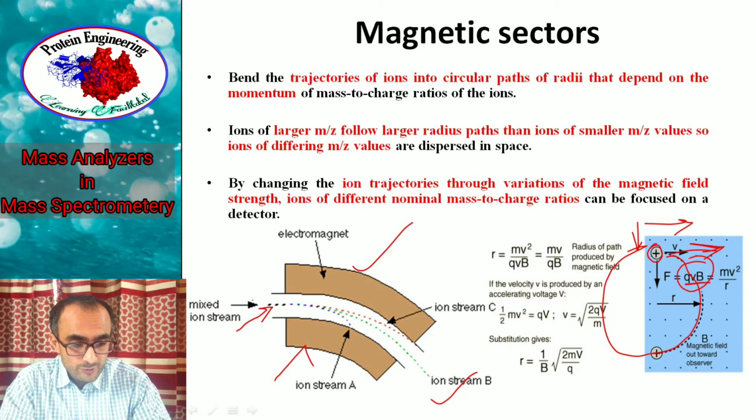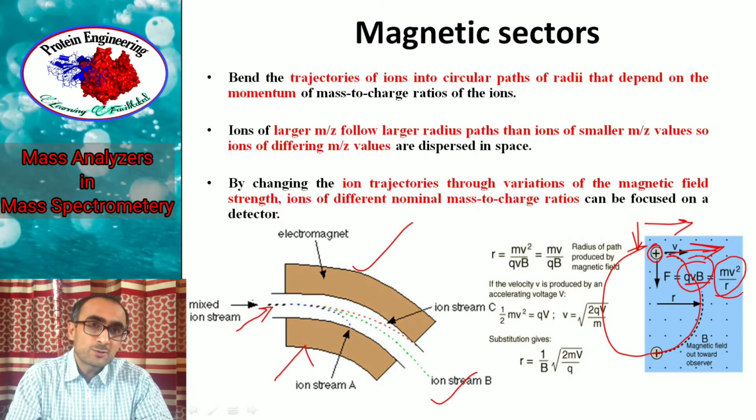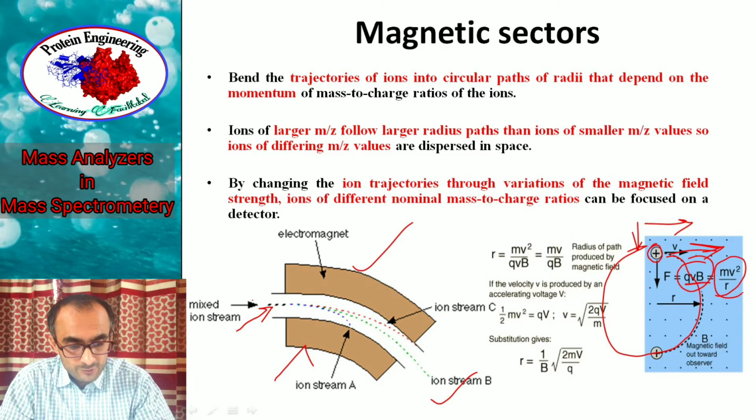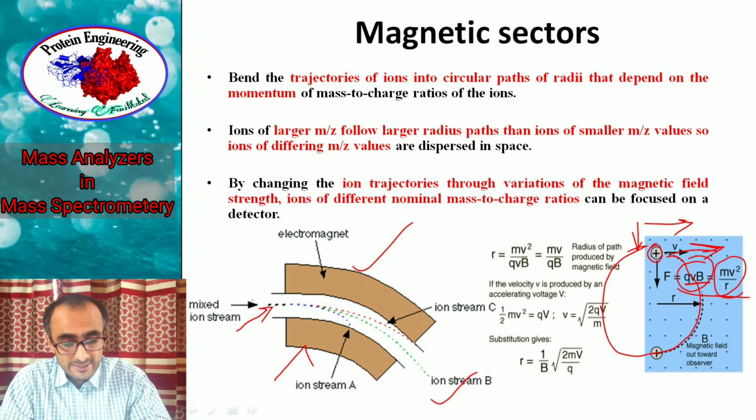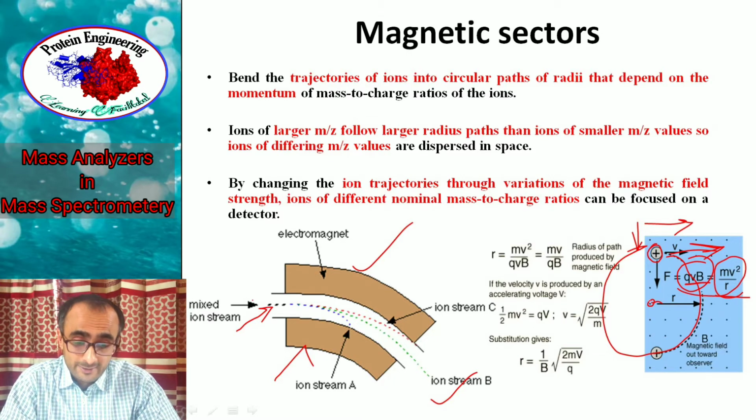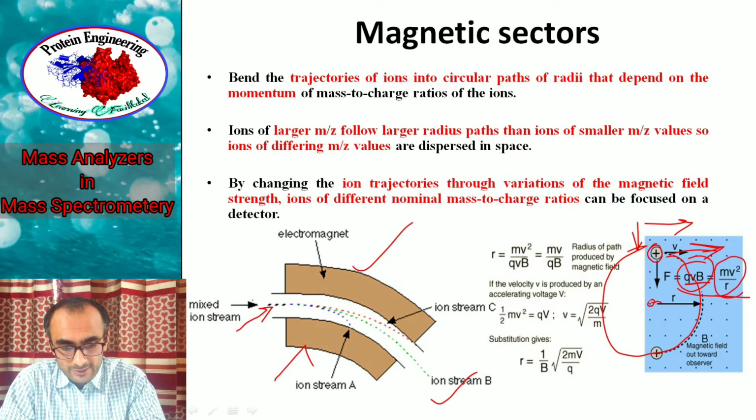So that would be equal to mv squared upon r. From this equation we can derive the radius of the circle adopted by this ion under the magnetic field, and this radius would be equal to mv upon qB.